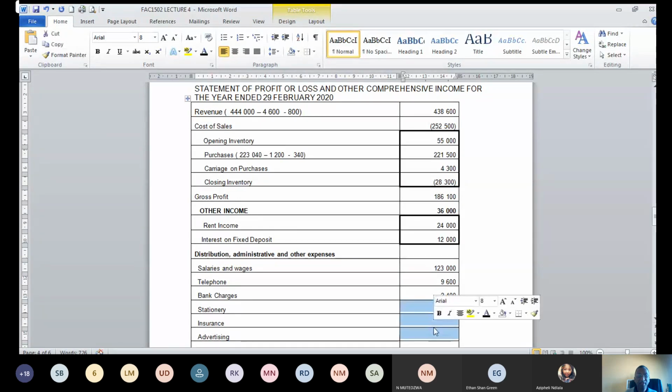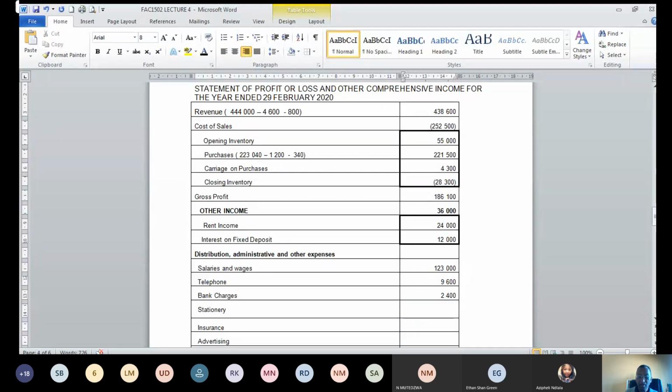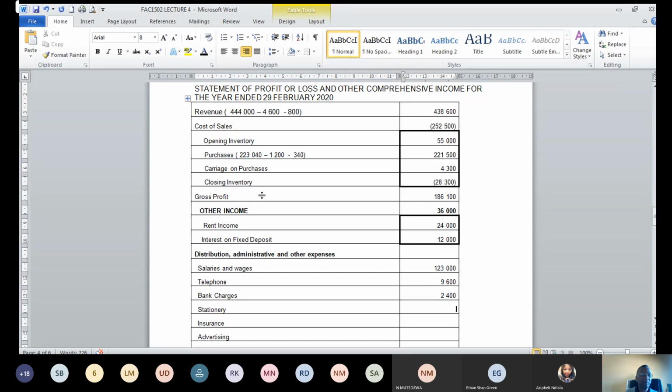Stationery amounted to 3,600. My insurance expense is the amount of 8,400 Rand.